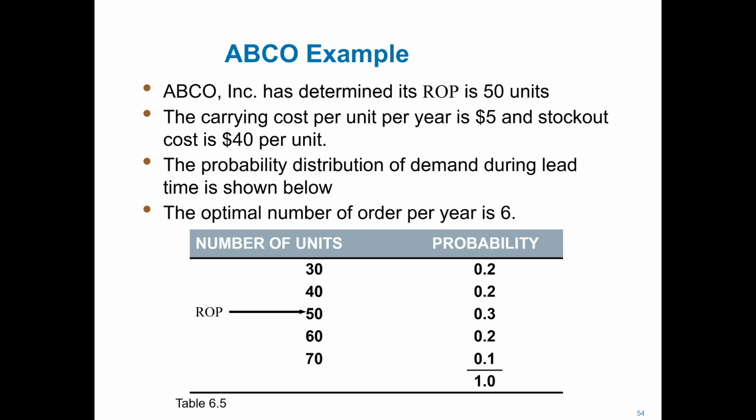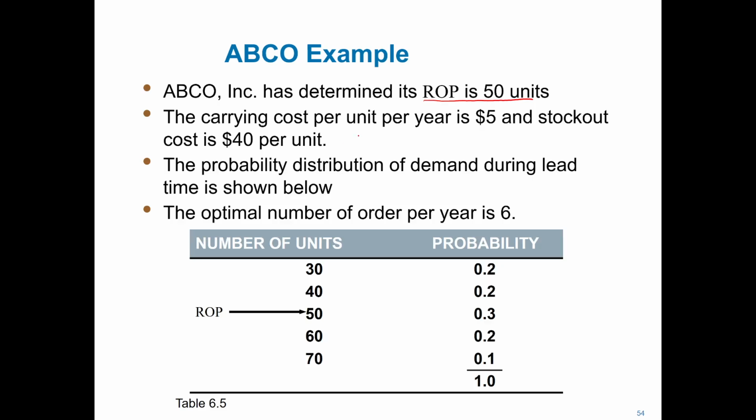Now let's look at this example here. We have a company which has determined its ROP as 50 units, but of course in this lead time sometimes there is less demand, sometimes there is high demand.